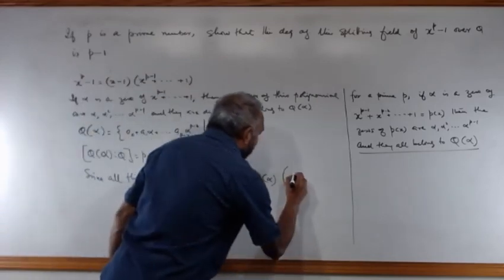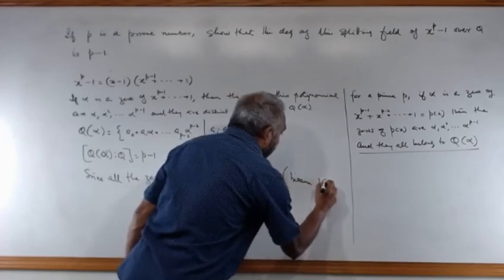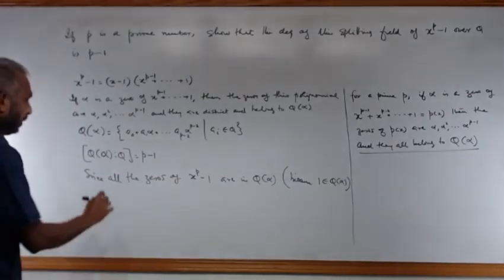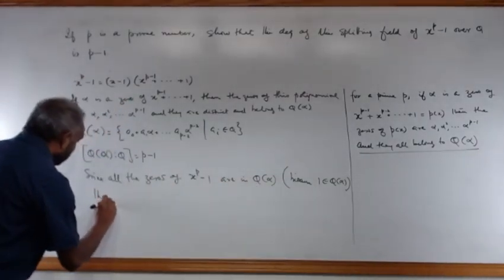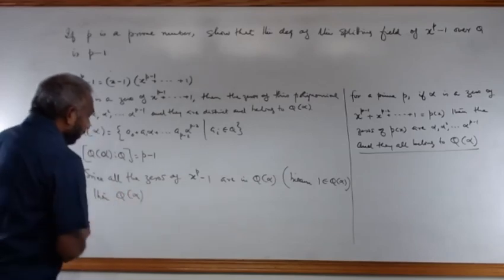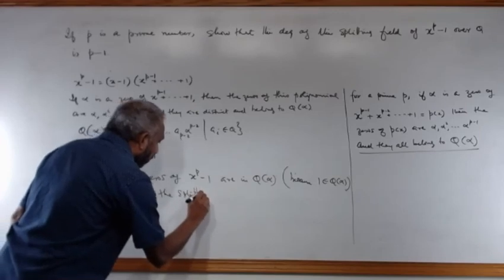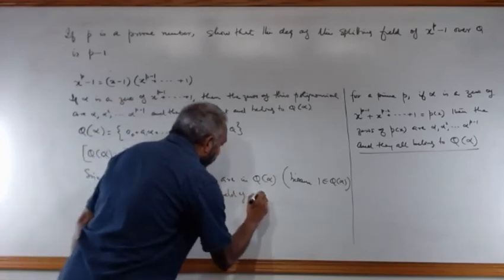That is because 1 belongs to Q of alpha. If all the zeros of x to the power of p minus 1 are in Q of alpha, then Q of alpha is the splitting field of x to the power of p minus 1.